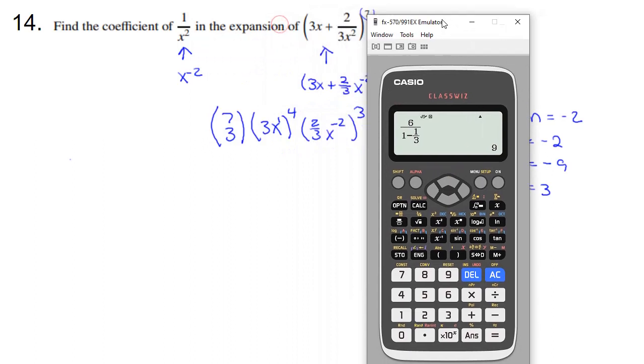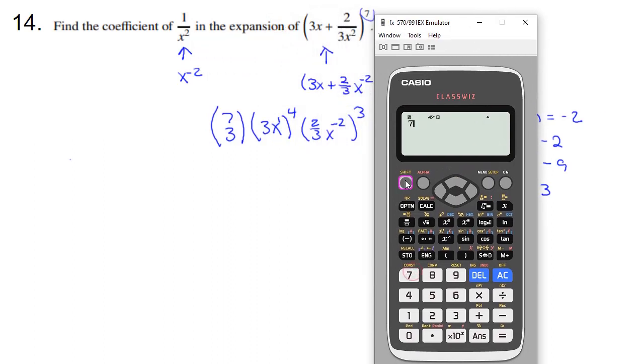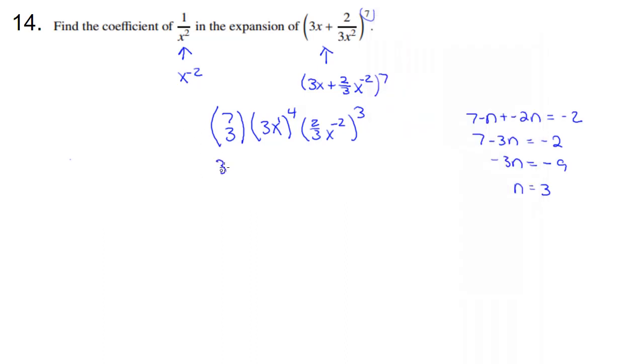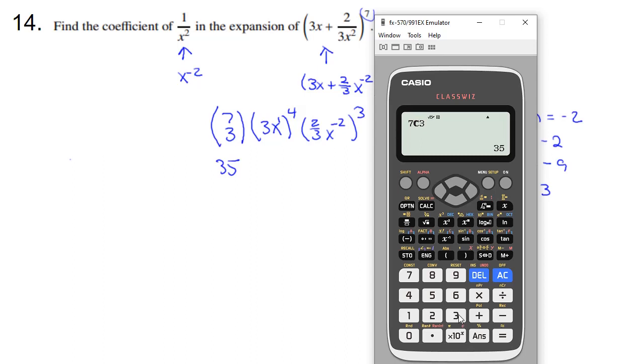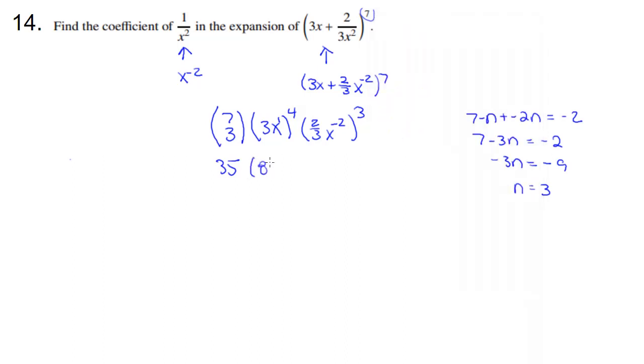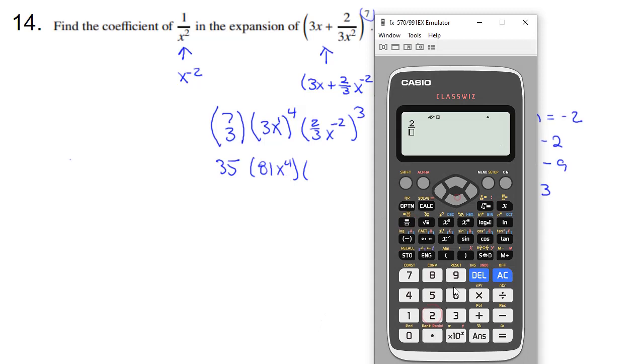And so now it really just becomes an issue of figuring out each one of these. So 7 choose 3, that's going to be 35. And then 3 to the 4th power, that's going to be 81. And then 2/3 to the 3rd power, well, that's going to be 8 over 27.